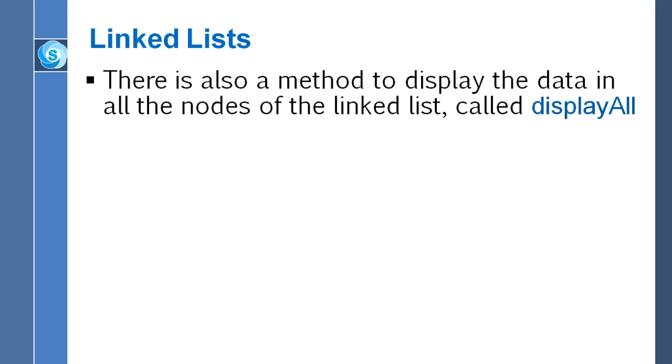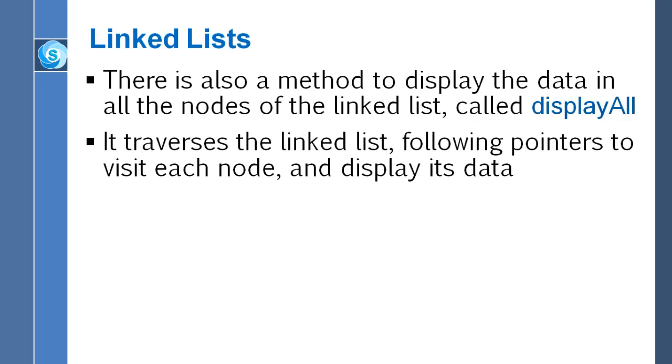The purpose of this method is to display all of the data contained in the linked list. So to do that, it traverses the linked list. Starting at the beginning, it follows next pointers, and it basically hops from node to node, and each time it visits a node, it displays the data in that node.